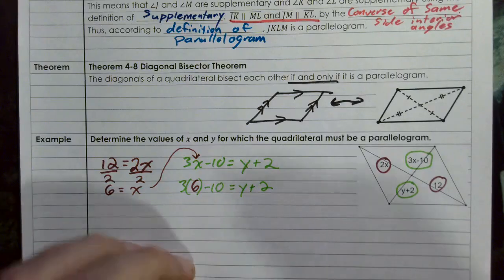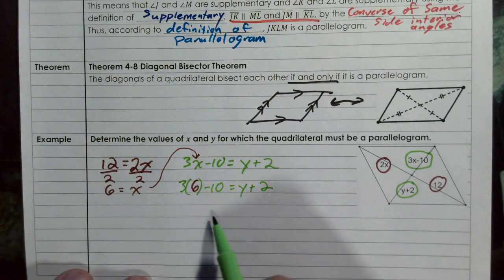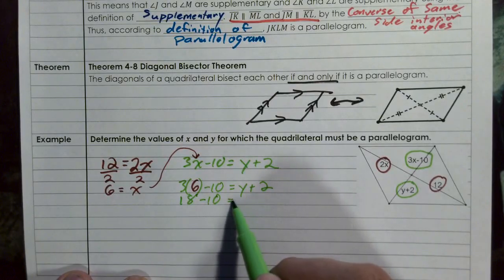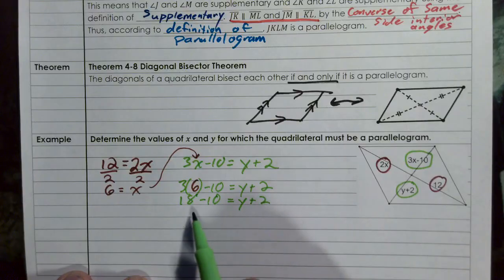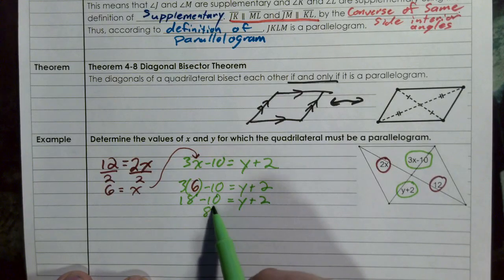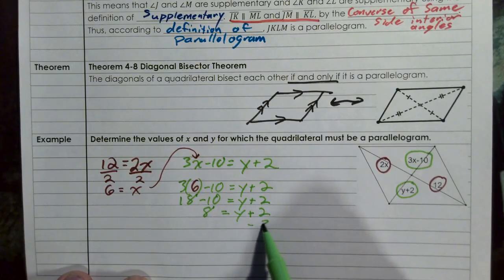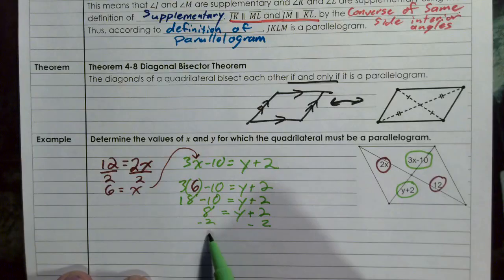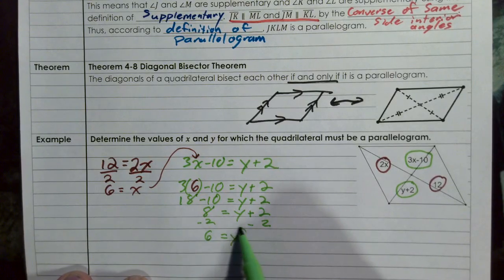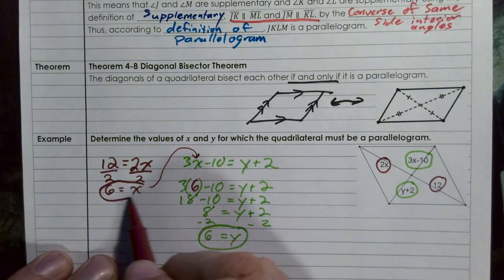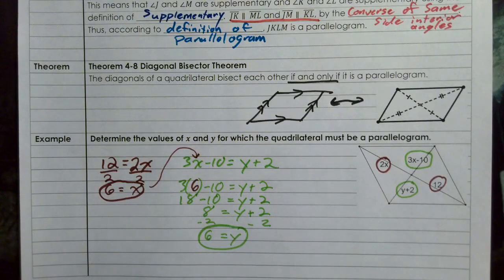So a little bit of solving and I'll figure out what y is. 3 times 6 is 18 minus 10 equals y plus 2. 18 minus 10 is 8. Subtract a 2 from both sides. 6 equals y. So boom, we got two nice little easy values by just setting up those two little equations and plugging what I got into one into the other one.